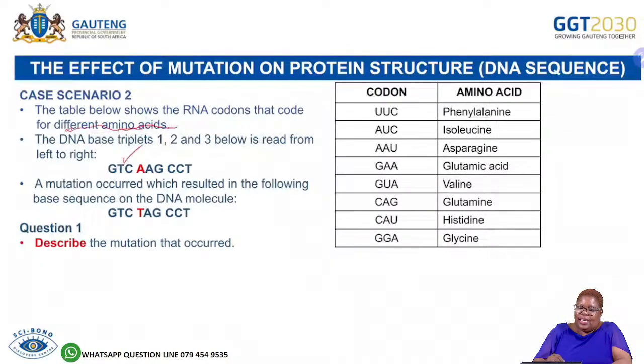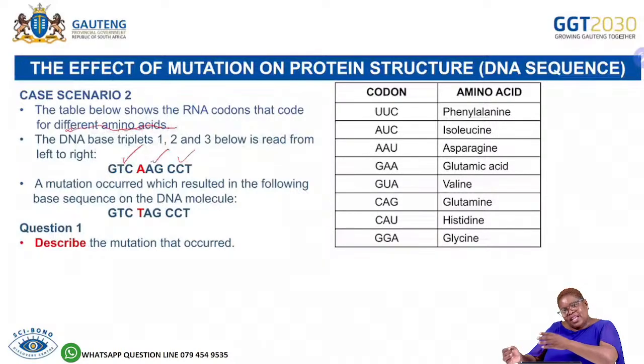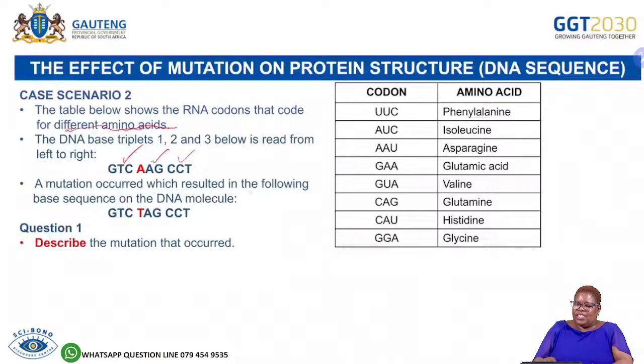We've got GTC, we've got AAG, we've got CCT. Then mutation takes place. Remember, you need to make application of what you are told, relating it to the questions given by the examiners. So this is the original strand. A mutation occurred which resulted in the following base sequence on the DNA molecule.